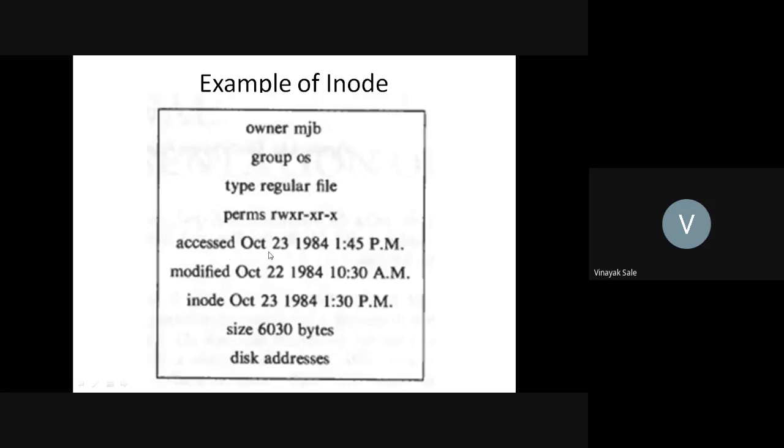Then this is the accessed date time, this is the modified date time, and this is the inode created or changed date time. Then this is the size of that file and the disk addresses. This is the example of an inode. See the figure carefully.